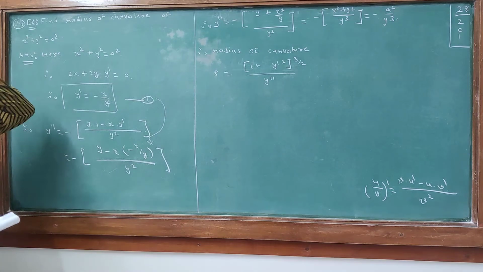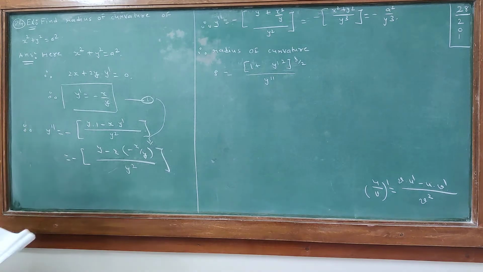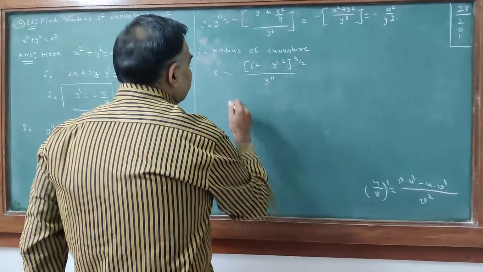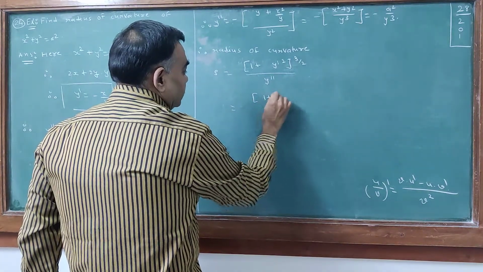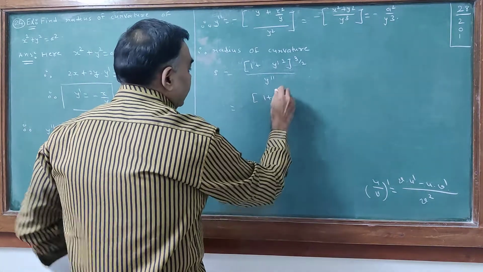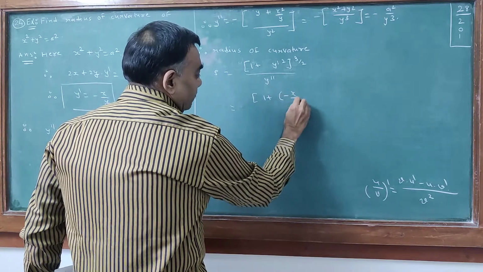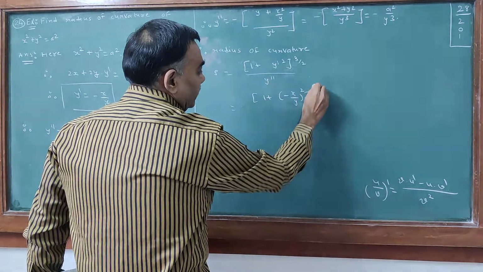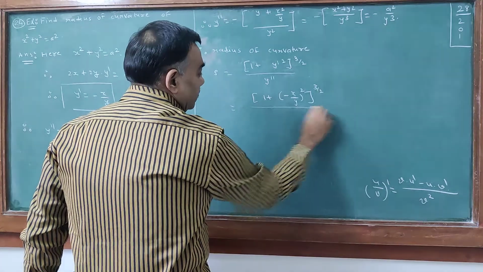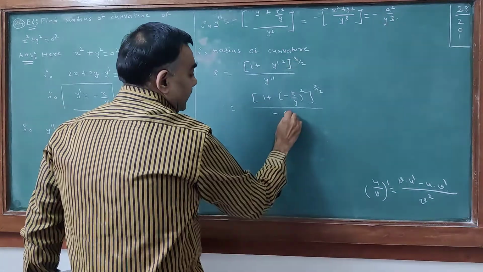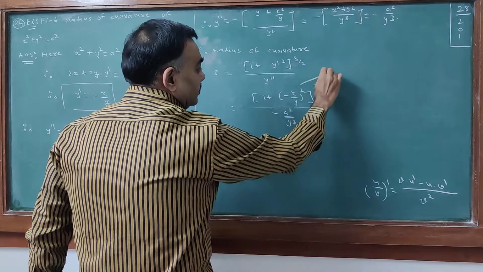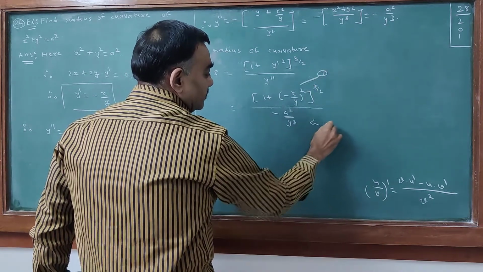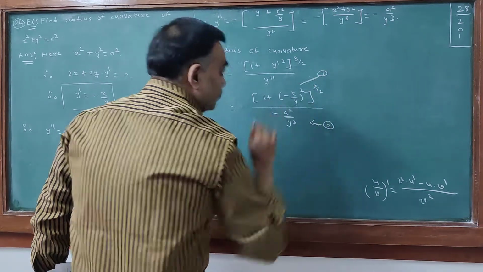This is a formula I just state here, and therefore this is equal to 1 plus value of y dash, that is minus x upon y, square, raised to 3 by 2 upon minus a square upon y cube. This is because of equation 1, and this is because of equation number 2.